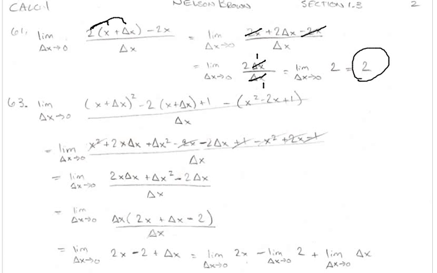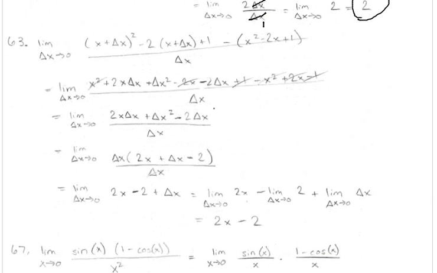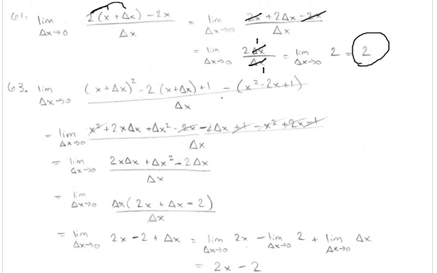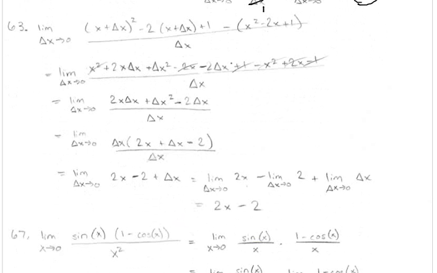I thought that maybe I might show you another example which has a little bit more manipulations, and that is number 63, which was not requested, but I thought it looked interesting. So we have here the quantity x plus delta x squared, minus 2 times x plus delta x, plus 1, minus x squared minus 2x plus 1. Notice that this quantity here is the same as this quantity here, but instead of all x's, we have x plus delta x.